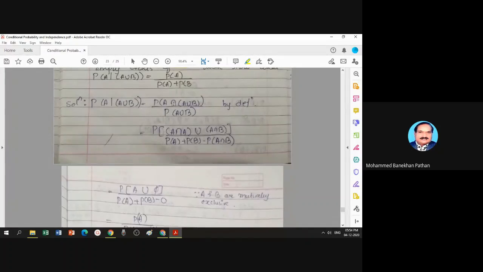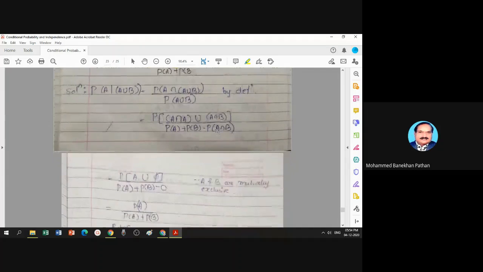This intersection is distributed inside the bracket. So what you get? Probability of A intersection A union A intersection B, divided by, by the addition theorem which I taught before, PA plus PB minus P of intersection.